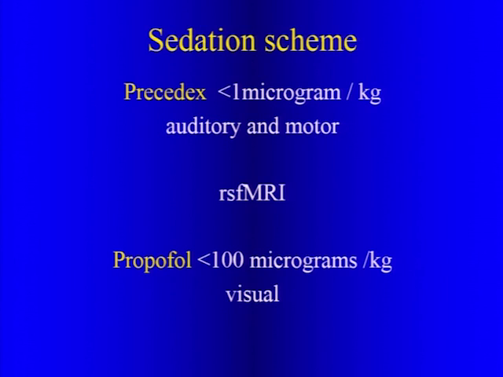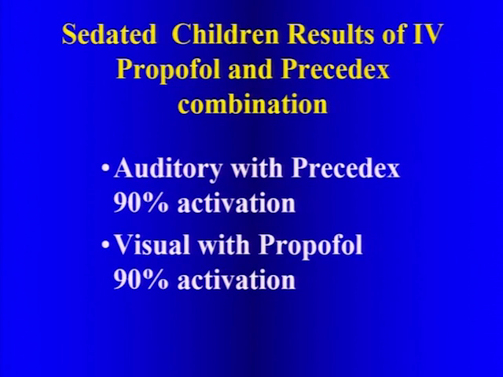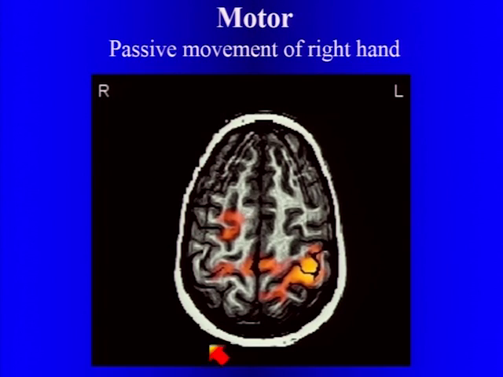We turn on the Precedex, we get through the auditory and the motor, and then we'll turn on the propofol after a rest where it clears, where we do the resting state scheme. So we get 90% activation with Precedex and 90% activation with propofol using these techniques, so it's fairly robust.